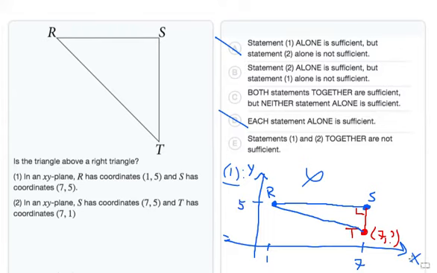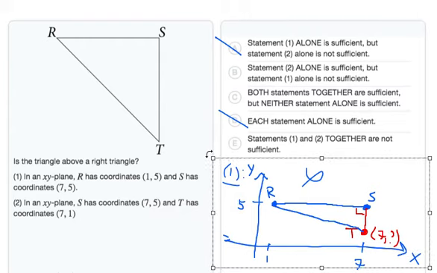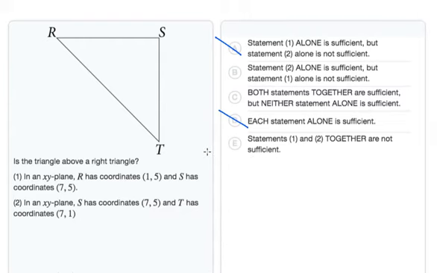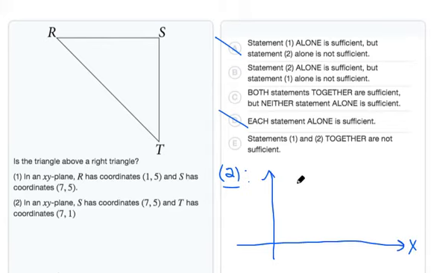We'll do a similar kind of thing with diagramming statement 2. Here we're told that in an xy plane, S has coordinates 7, 5, and T has coordinates 7, 1. So let's draw our xy plane again and label our axes.